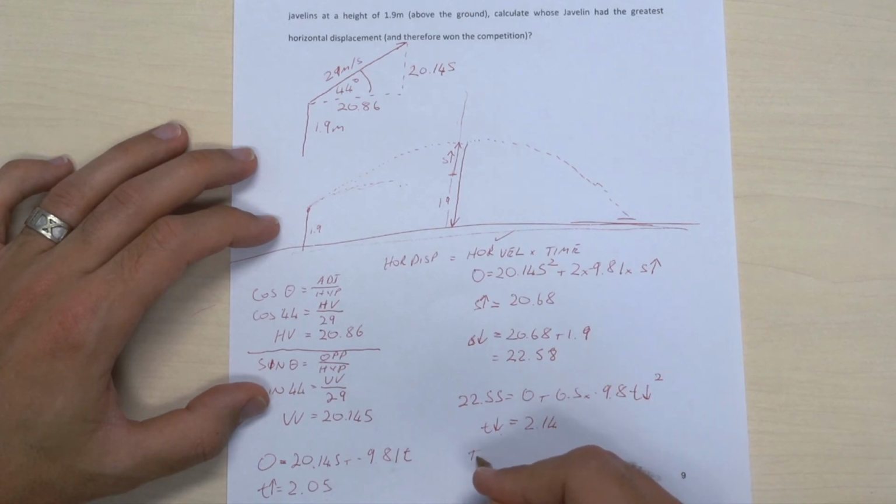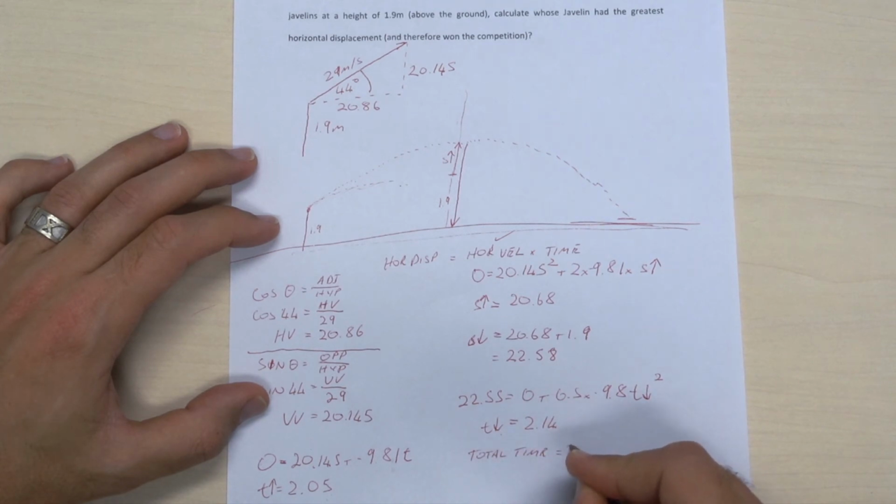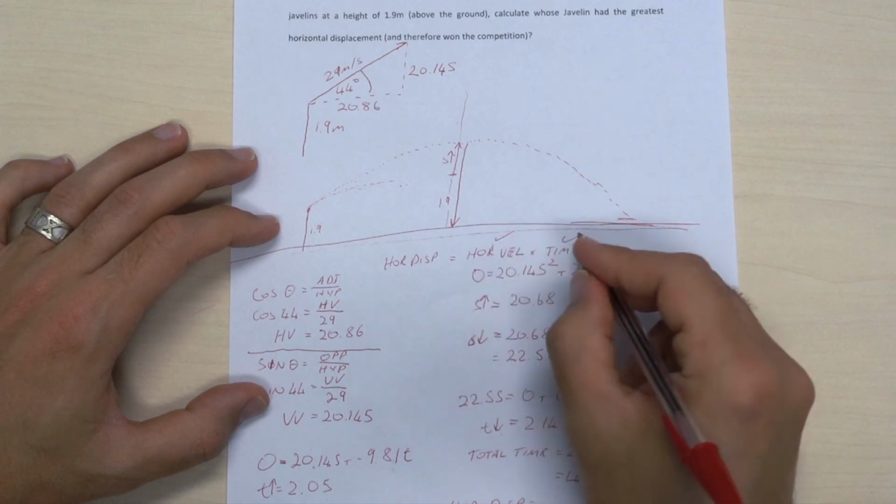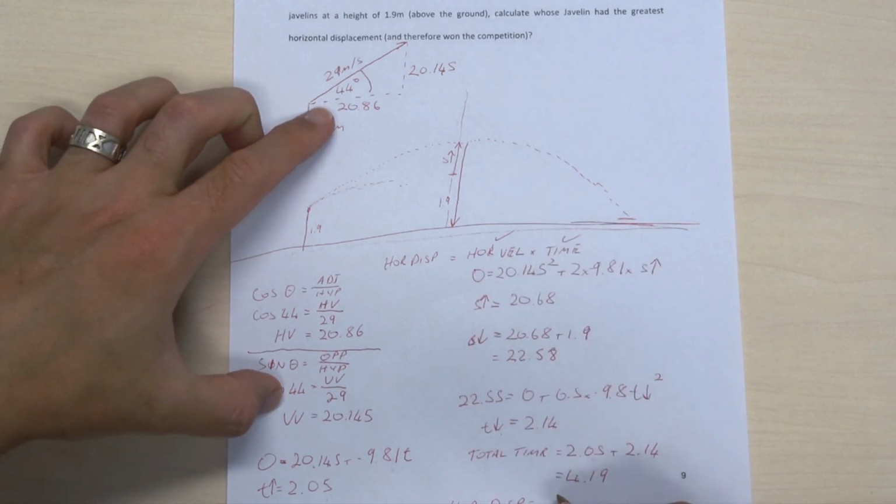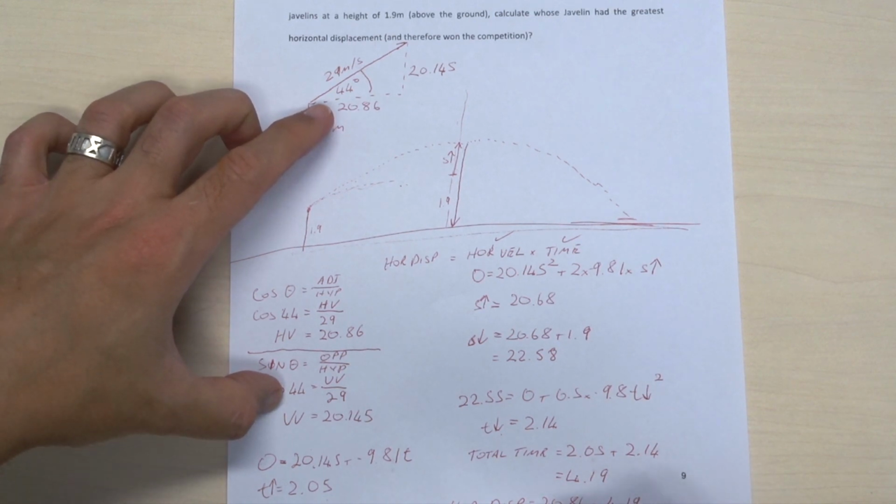And then we have our time down, we have our time up. So total time is going to be equal to 2.05 add 2.14, which is 4.19, and our horizontal displacement is then going to be equal to horizontal velocity multiplied by time, horizontal velocity being 20.86, total time being 4.19, and therefore our final answer being 87.40.